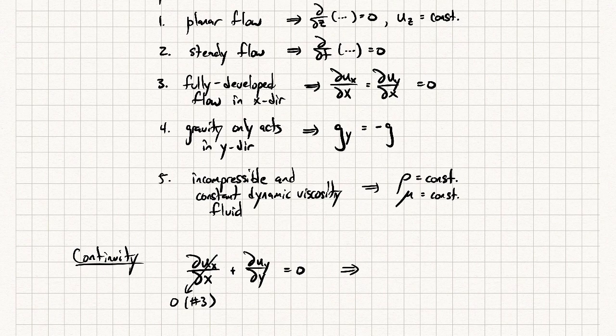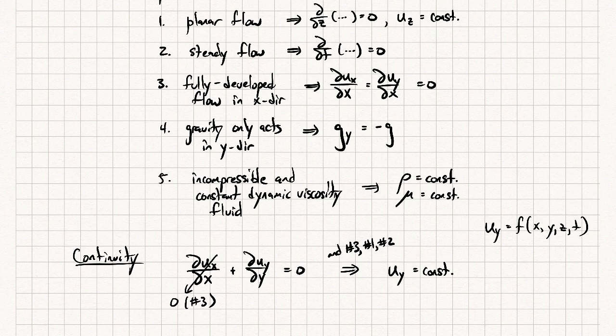So using the continuity equation and number 3 and number 1, as well as number 2, that it's steady, we know it's not a function of time either. We know at best uy is equal to a constant. Just in general, let me write it down over here. Uy in general could be a function of x, y, z, and t, right?